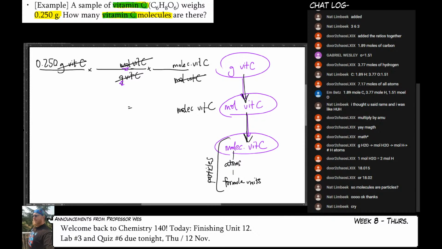What is the formula? C6H8O6. So what did you get for grams in a mole of vitamin C?